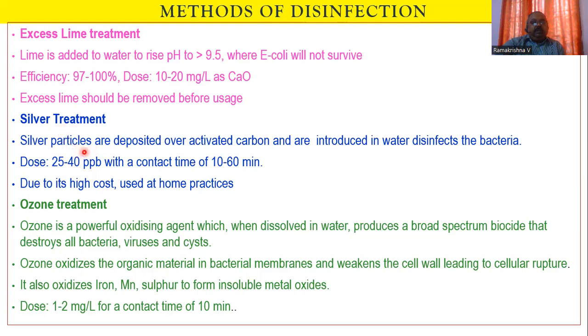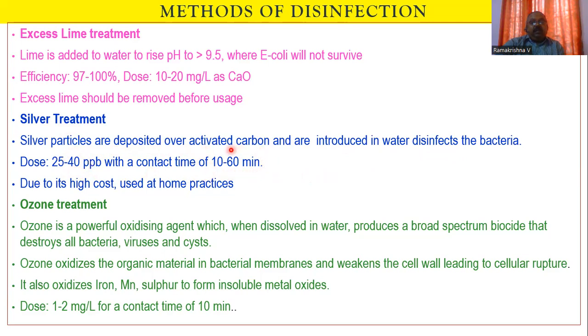In silver treatment, silver particles are deposited on activated carbon and introduced in water, which disinfects the bacteria. Dosage is very small, 25 to 40 ppb, with a contact time of 10 to 60 minutes. As I mentioned, the dosage and the contact time are both important.